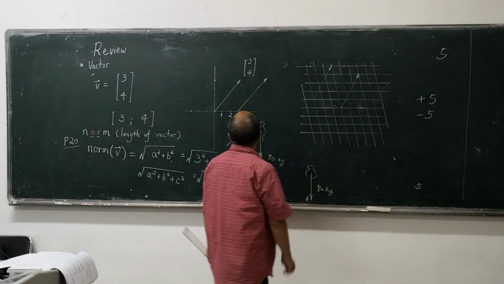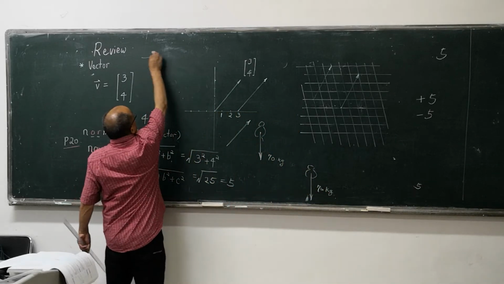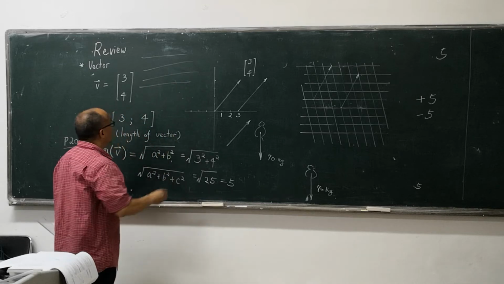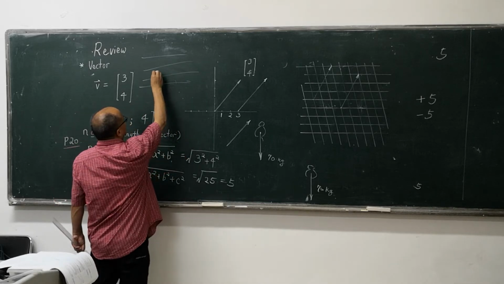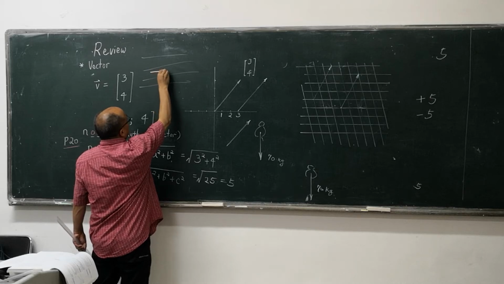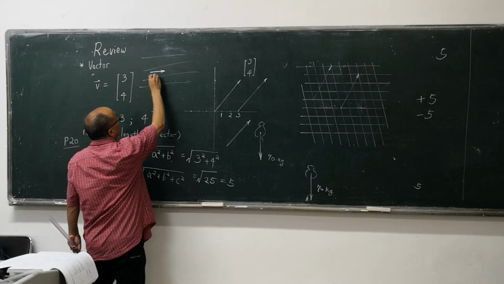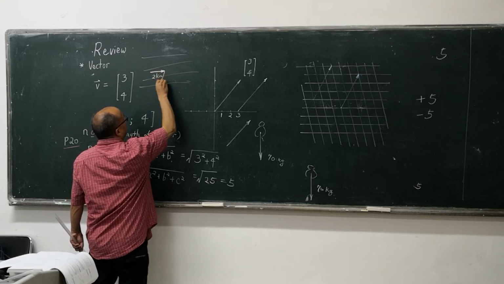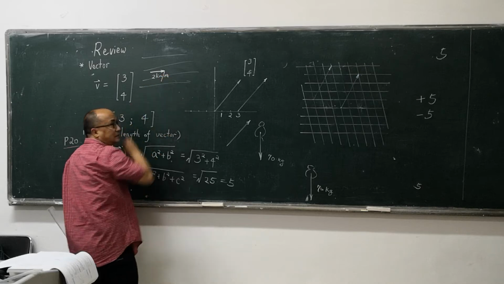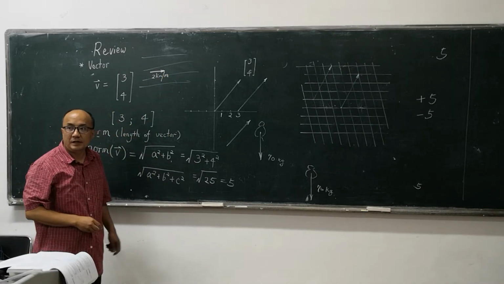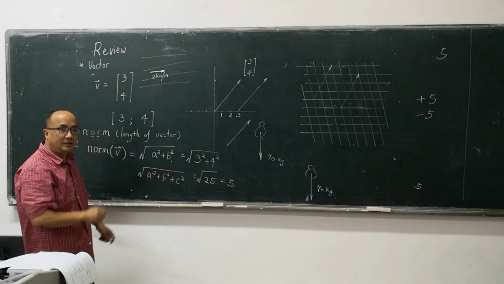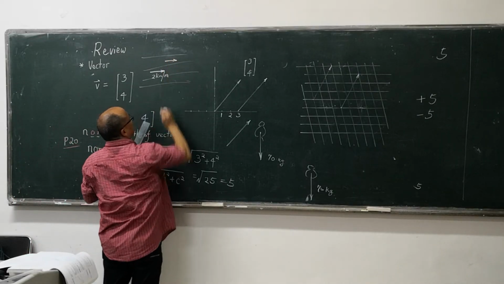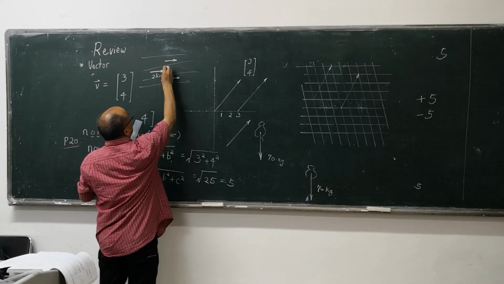For example, in a river flowing, let's say for some reason 2 kilometers per minute. Let's say this is the river flowing east. Here is flow, here is also, here is also.